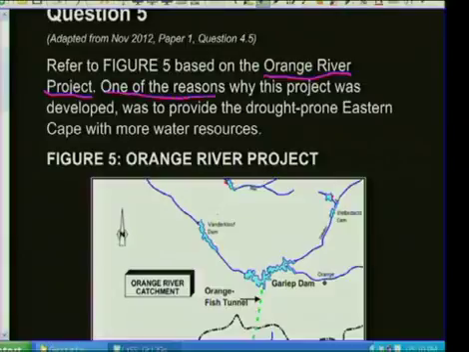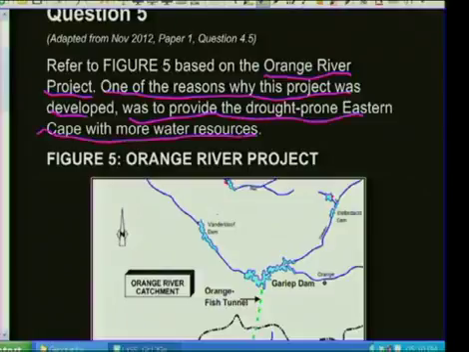One of the reasons why this project was developed was to provide the drought-prone Eastern Cape with more water. The examiner has given you lots of information. You know the purpose of it. You know it's going to be advantageous to those people. It's going to supply them water for farming, for domestic use, for industrial activity. Because it's a drought-prone area.